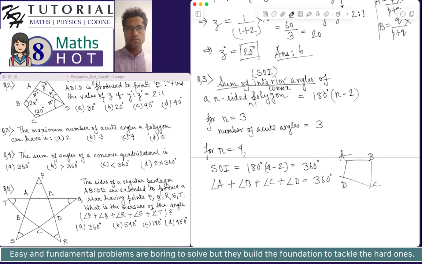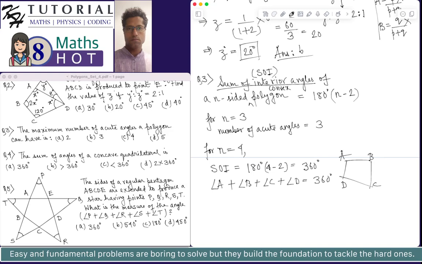Now please also note that for a convex polygon, each interior angle is also less than 180 degrees.